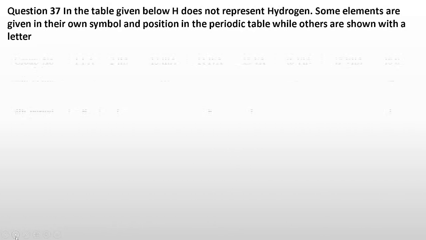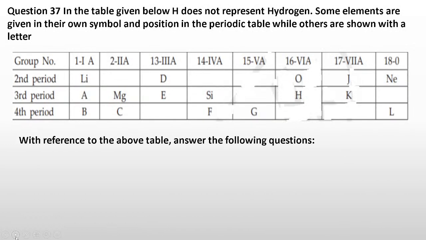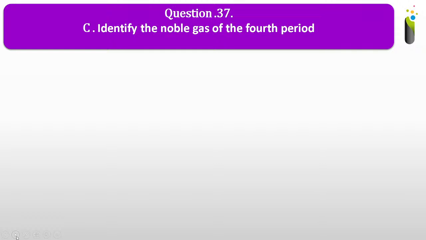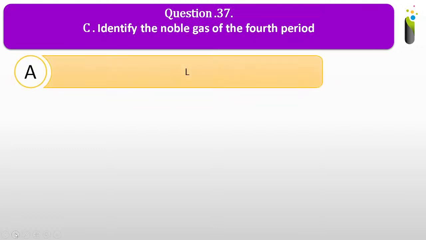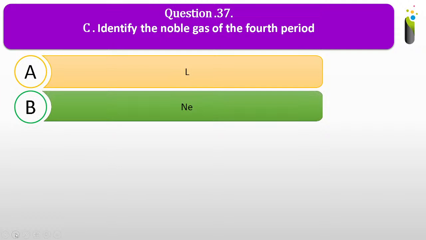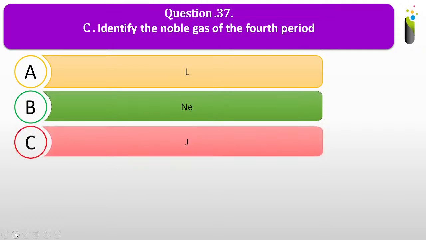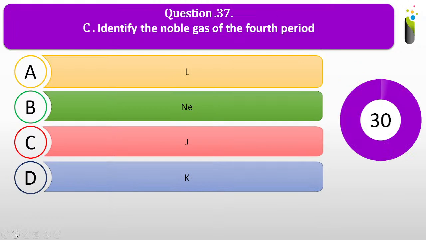Question number 37. Once again, the same table. Please have a good look at it, and without wasting time, we shall go to the question. Question number 37C. Identify the noble gas of the fourth period. Now look at this table once again. The noble gas from the fourth period. Your options are A, L, B, Ne, that is neon, C, J, D, K. Identify the noble gas of the fourth period.